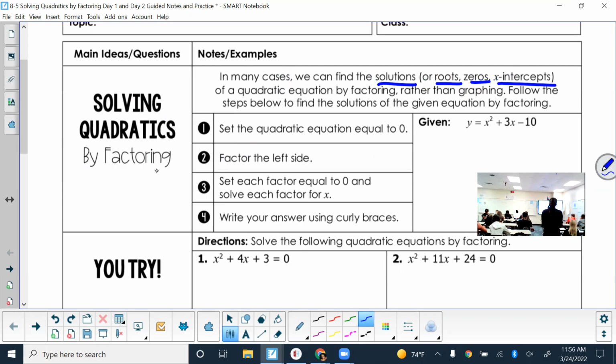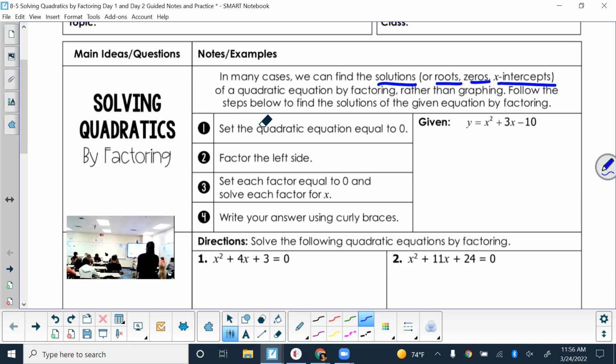So first step, we are going to set the quadratic equation equal to 0. So what is this equation equal to right now? It's equal to y. So we're going to replace that y with a 0. That's the first step. And then just rewrite it. X squared plus 3x minus 10.